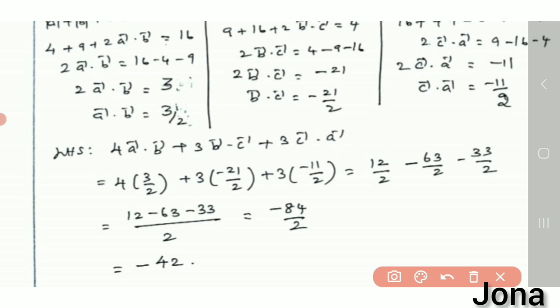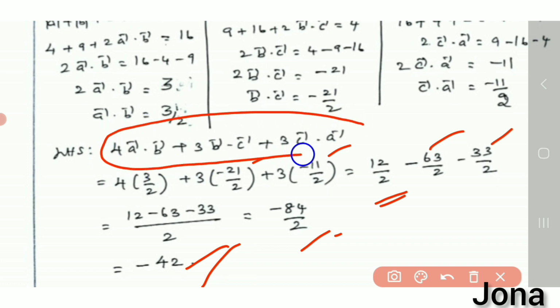So here it becomes 12 by 2 and here it is minus 63 by 2 and here it is minus 33 by 2. Then simplify again. So we get minus 84 by 2. If we cancel we get minus 42. So the value of 4 into A dot B plus 3 into B dot C plus 3 into C dot A is minus 42.